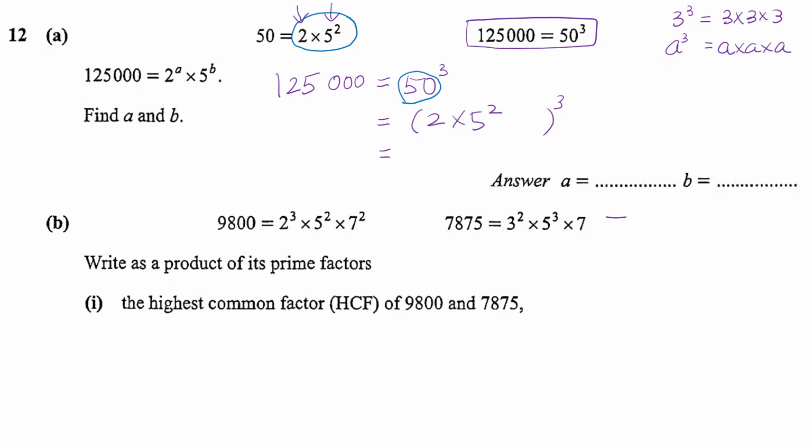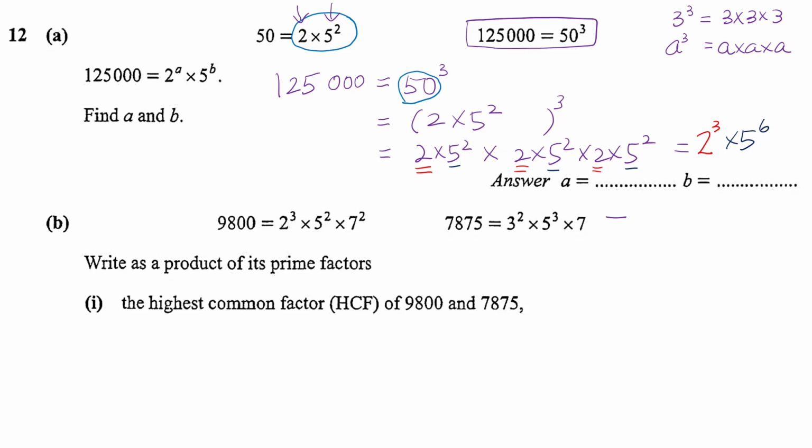So what this means is 2 times 5 to the power of 2, times 2 times 5 to the power of 2, times another one. And we're going to stack all the 2s up, so you will have 2 to the power of 3. You're going to stack all your 5s up, and you will have 5 to the power of 2 plus 2 plus 2, 1, 2, 3, 4, 6 of them.